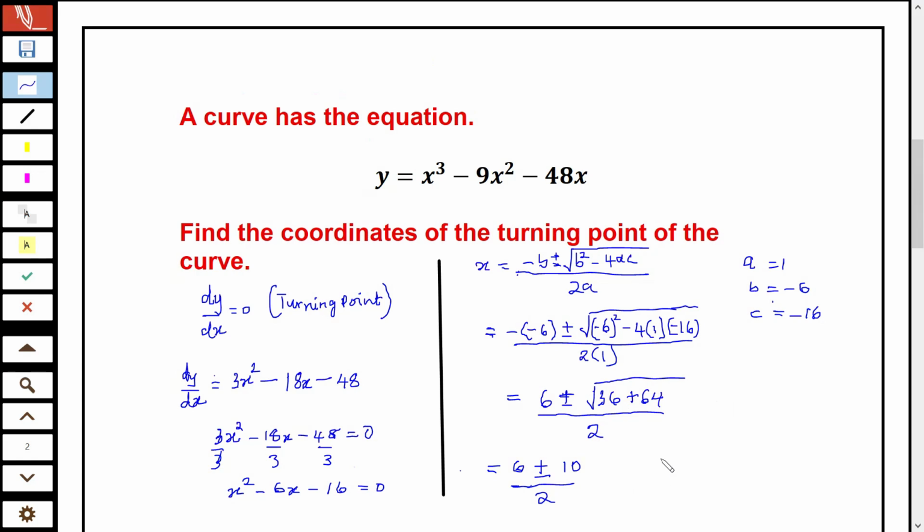So here we're going to have x can either be 6 plus 10 over 2, or x can also be 6 minus 10 over 2. So 6 plus 10.